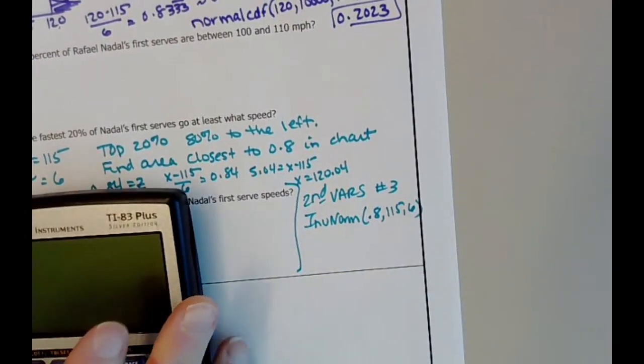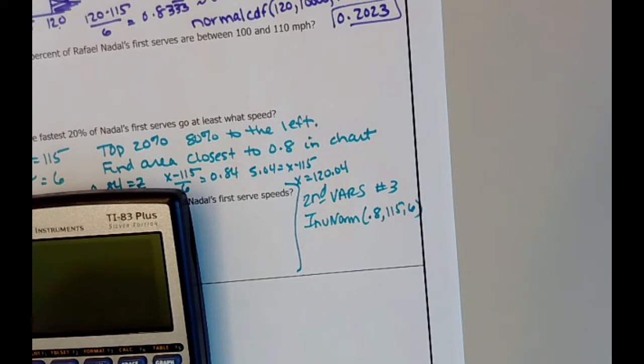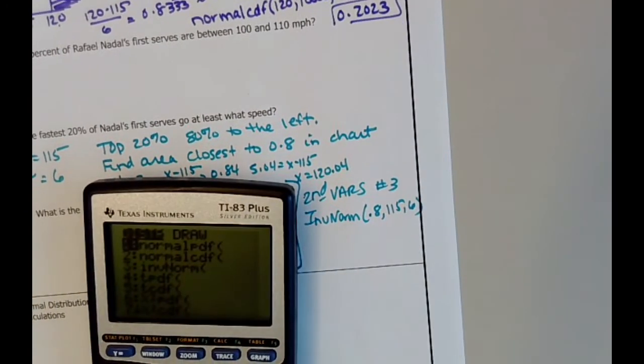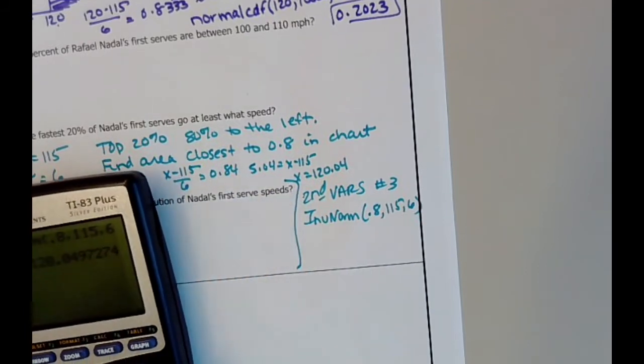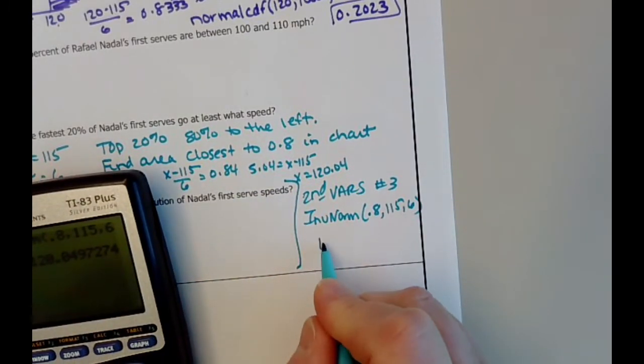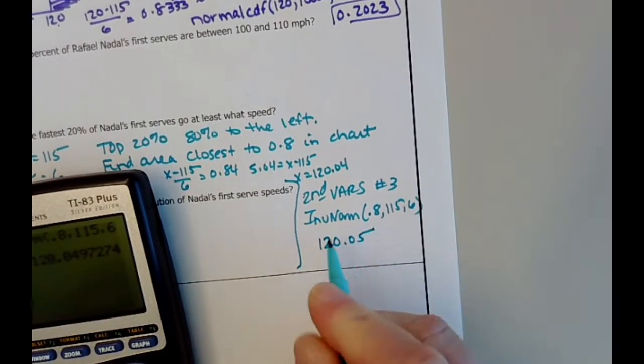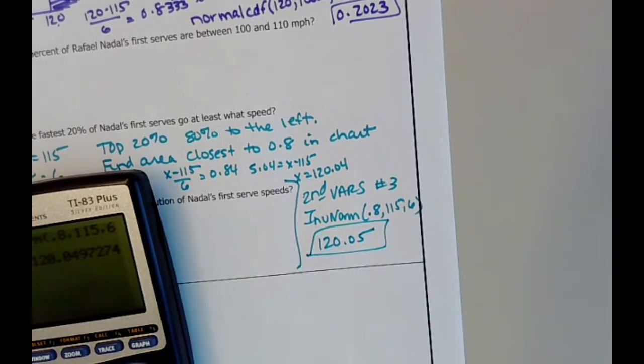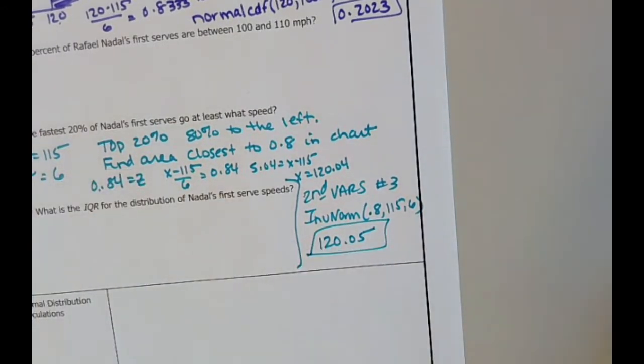Second VARS, number 3, 0.8, 115, and 6, and we get 120.05, or 0.04, which is pretty close to what I found in the chart.